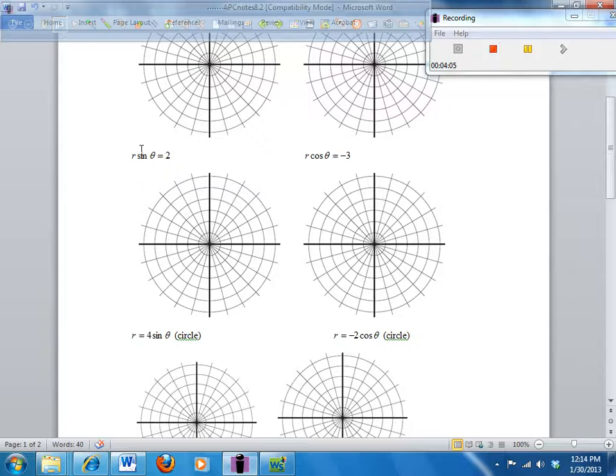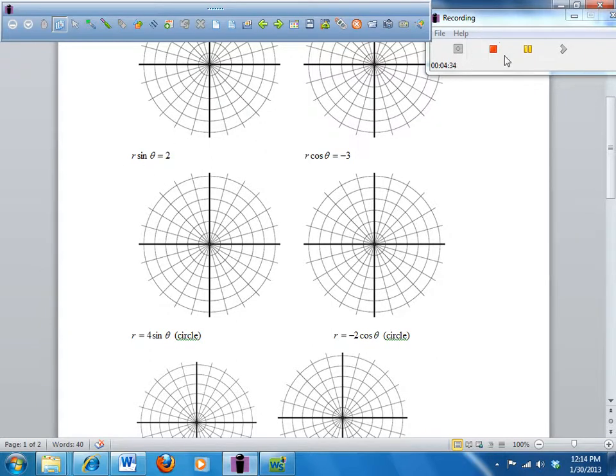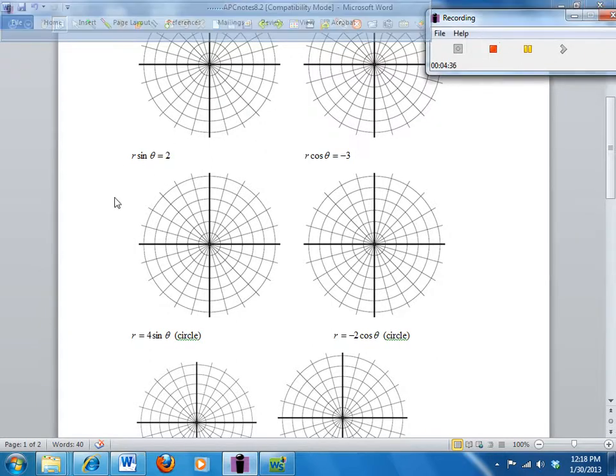And so if I were to graph this by using polar form, r sine theta equals 2. Hold on. Going back, I was wrong. I said this was a circle. It's not. r sine theta equals 2.